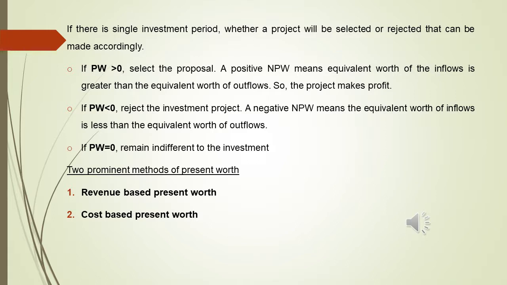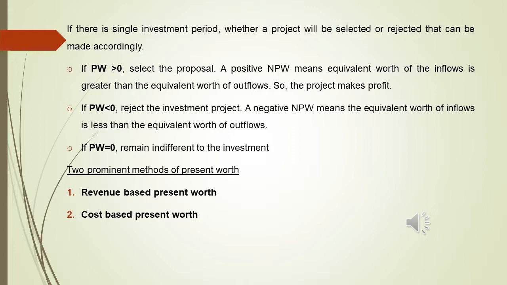If there is a single investment period, whether a project will be selected or rejected can be decided accordingly. See these three conditions. If PW is greater than 0, then you have to select the proposal.